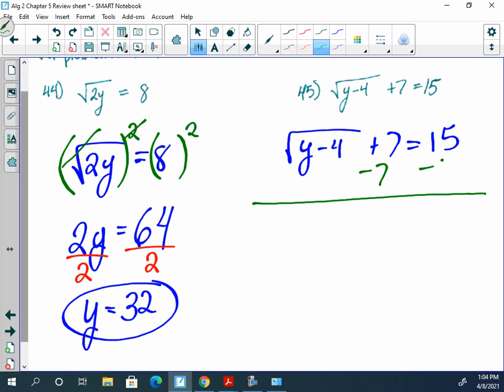We need to subtract the 7 because the radical is not by itself. And 15 minus 7 is 8. So whenever we're doing any of these here, we need to make sure the radical is by itself. Since we're adding 7 to the radical, we need to subtract it from both sides first.